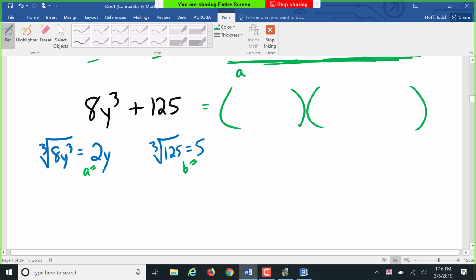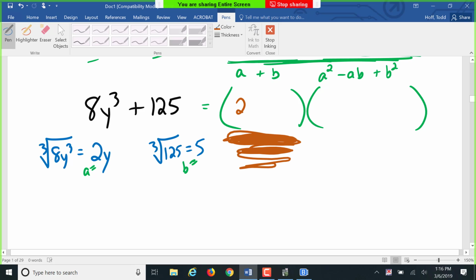Remember, our form is a plus b, a squared minus ab plus b squared. So what's going to go in here? 2y plus 5. Very good. What's the first term going to be here? Yeah, a squared, 2y squared, 2 squared is 4, y squared is y squared.